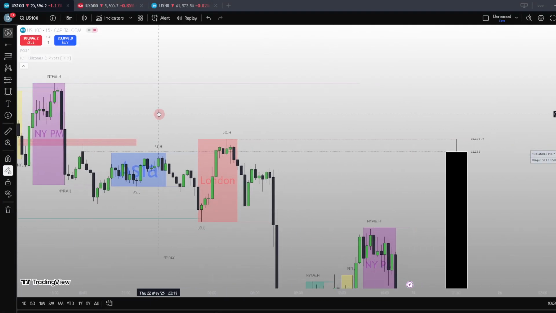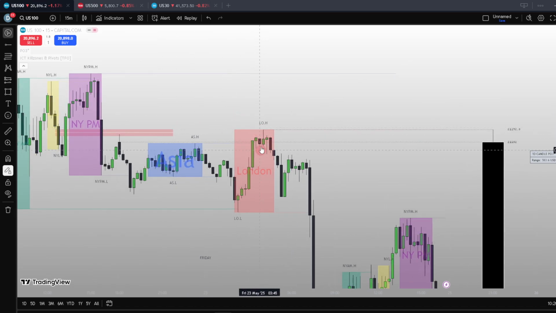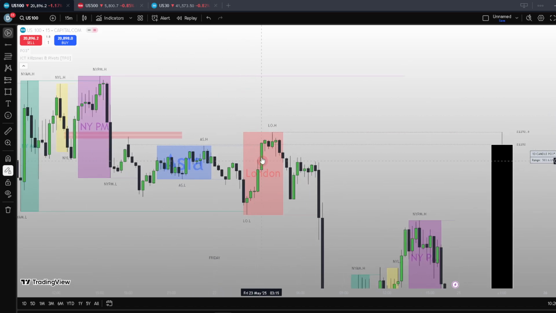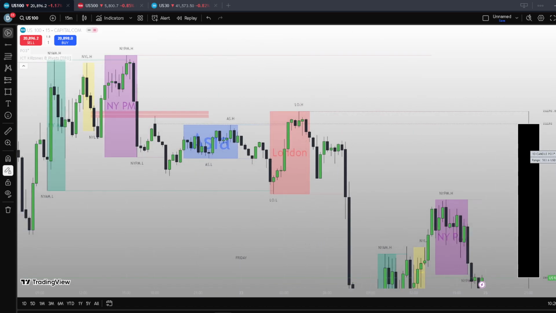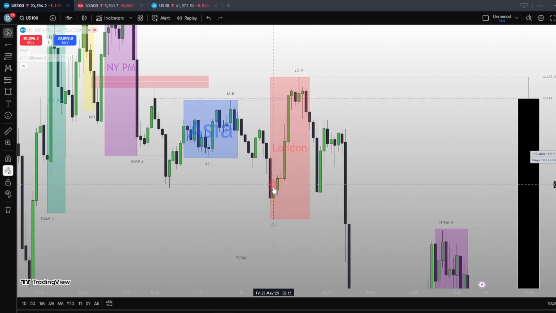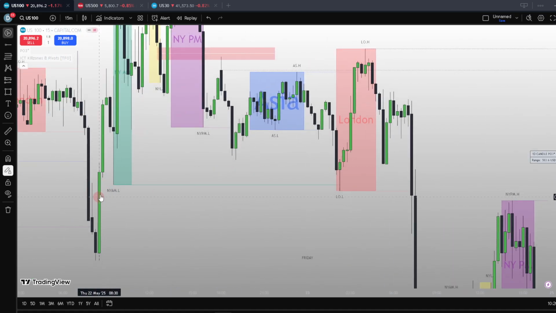Let's use this example for the London session. What we had here, first of all, we had this 50-minute time frame PDA, and also this 50-minute PDA. So when we have two PDAs, we're gonna wait for price to have a reaction.